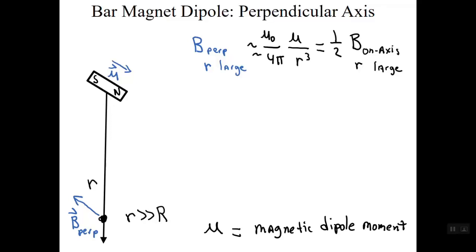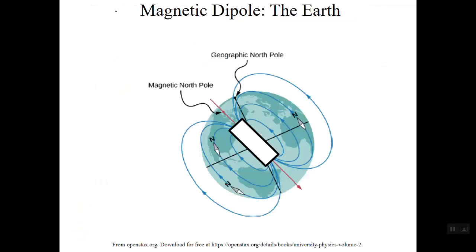That discussion is beyond the scope of this course. Nevertheless, you will see in lab that by measuring the dipole field of a bar magnet, you will be able to characterize the bar magnet by calculating its magnetic dipole moment without needing to have an explanation of the atomic nature of that field.